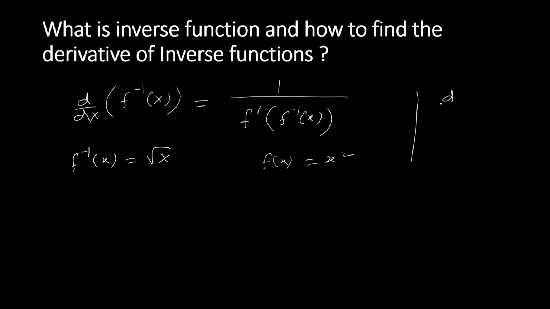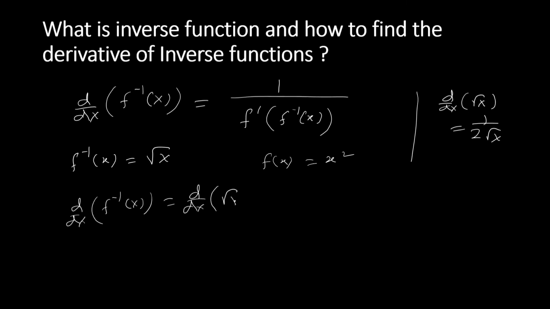We know that d dx of square root of x is equal to 1 over 2 square root of x, but we will try to find this derivative using this formula. So d dx of f inverse x, which is equal to d dx of square root of x, is equal to 1 over f dash of square root of x.